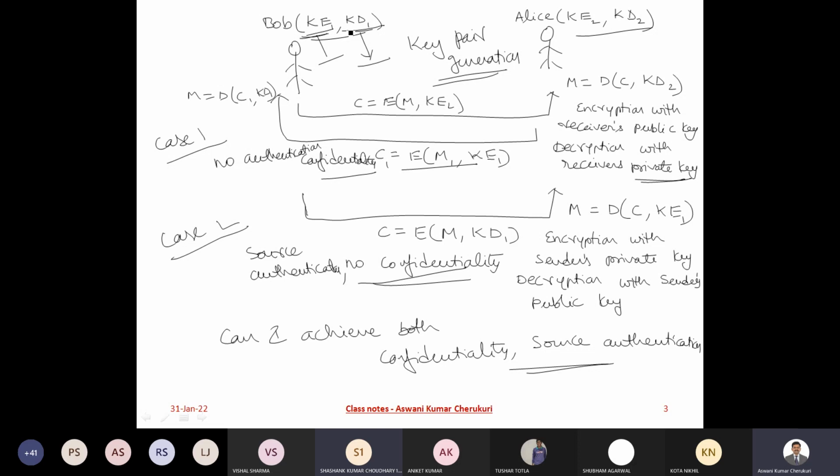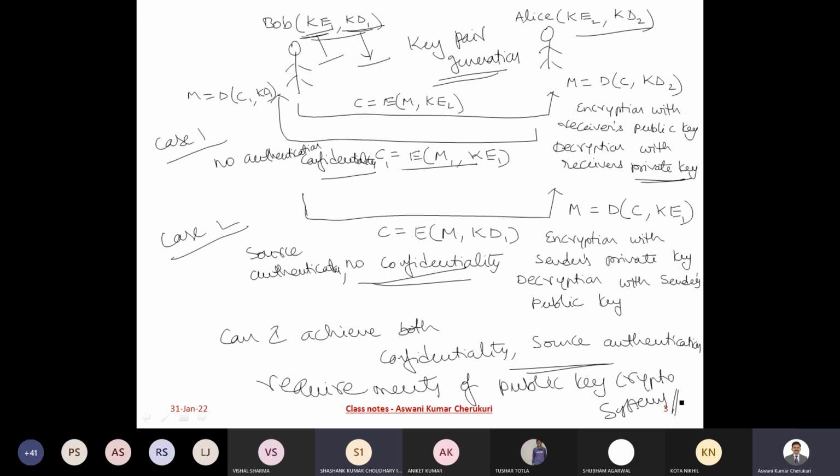Once I have the key generation, I should have computationally feasible algorithms for using one particular key to perform the encryption process and using the different key to perform my decryption process. So these are the various requirements of public key crypto systems. Please go to your book and read and understand the requirements of public key crypto systems.